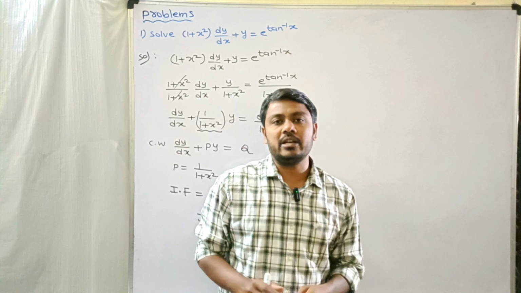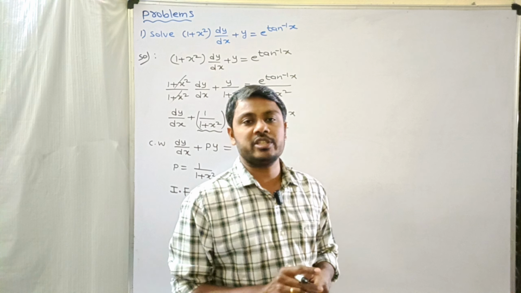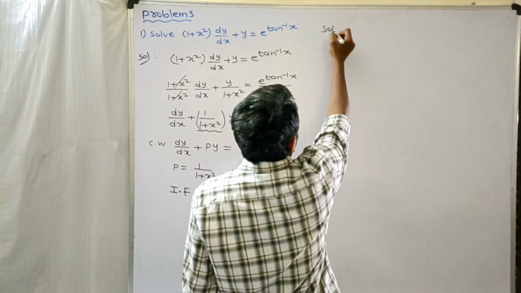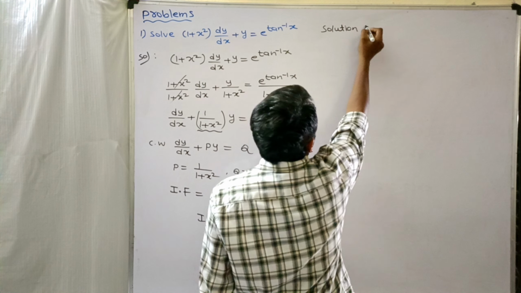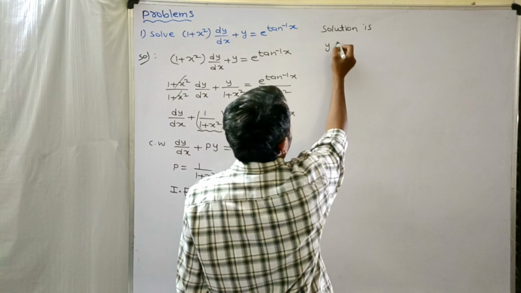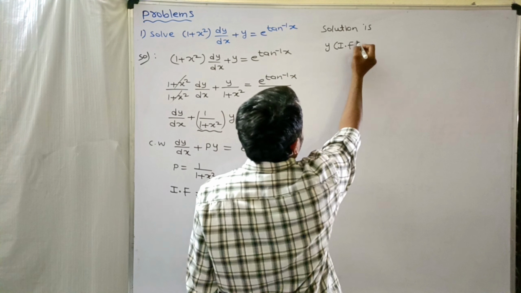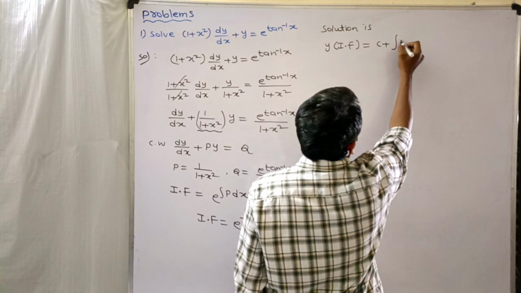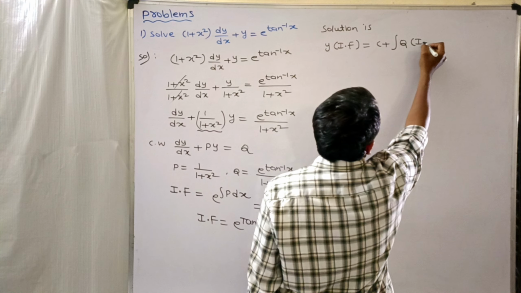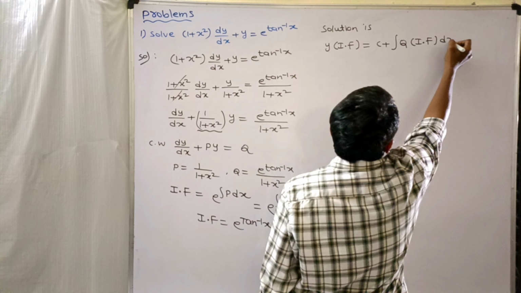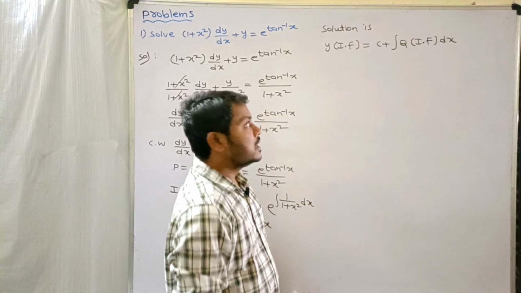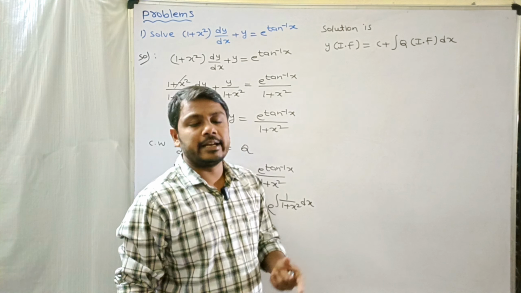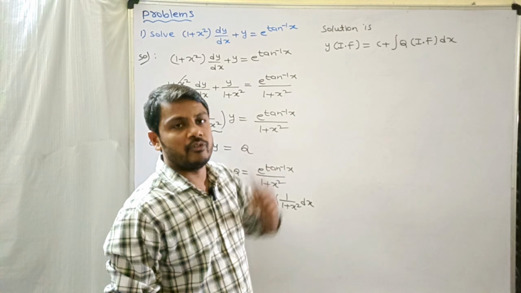After finding the integrating factor, we can find the solution. So what is the solution? Therefore the solution is y times the integrating factor, which is equal to c plus the integral of Q times the integrating factor dx. So substitute the Q value and integrating factor value in this formula.